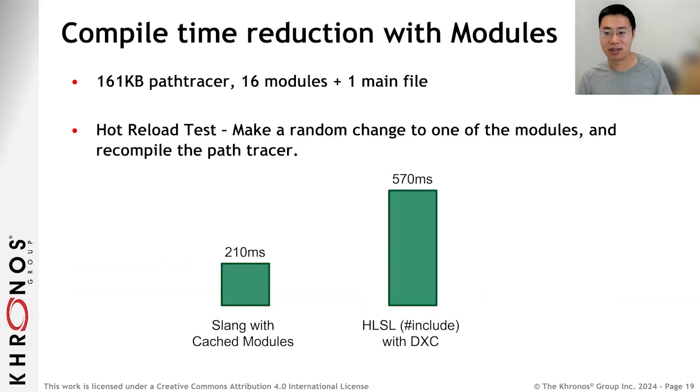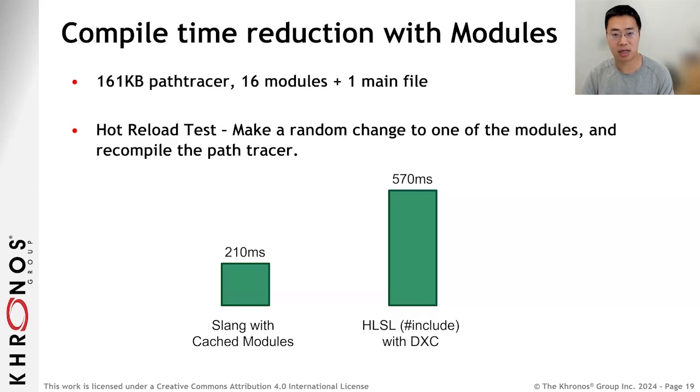And to give you a concrete data point on how much modules can save compile time, we created a path tracer that comprises 16 modules, and the path tracer compiles into a SPIR-V that is 161 kilobytes in size. To measure the benefit of modules, we made a random change to one line of one of the modules and recompiled the entire shader.